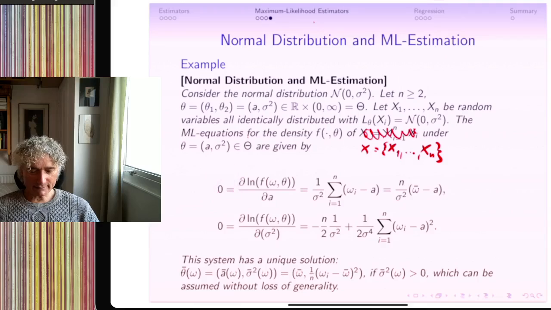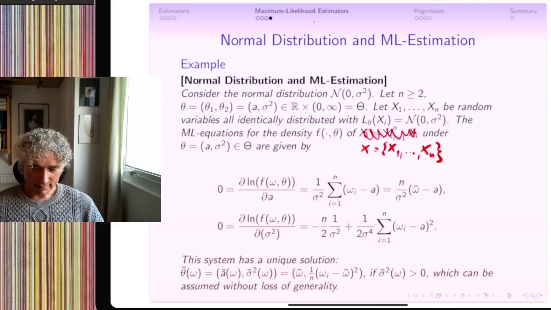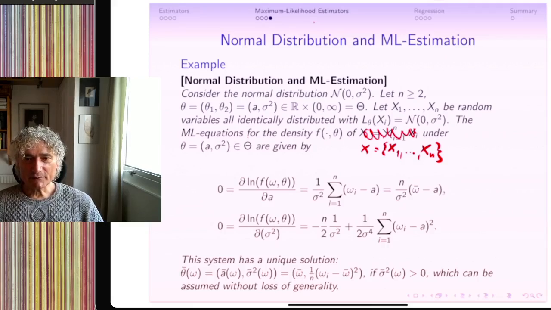The second condition derived from the ML equations is that minus n over 2 times 1 over sigma squared, plus 1 over 2 sigma to the power 4 times the sum from i equals 1 to n of (omega i minus a) to the power 2, is also 0.